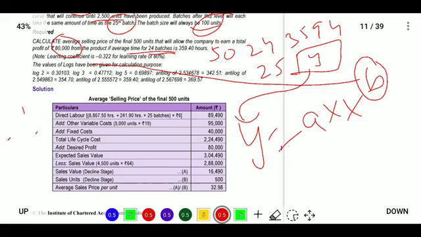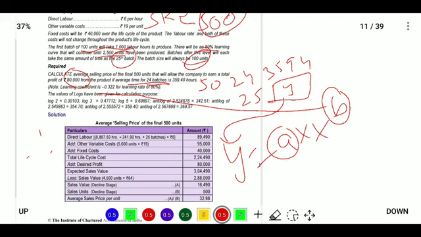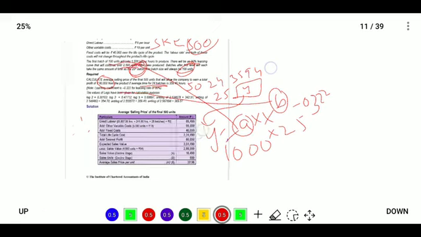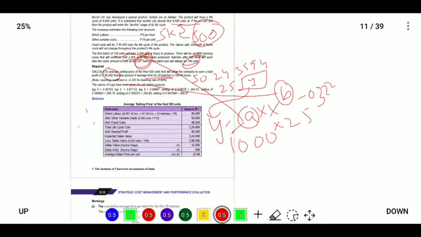For a, a will be the number of hours, and we have 1000 hours. Next, x will be the batch number, which is the 25th batch. Now 25th batch to the power of minus 0.322. Then we will get the y value for the 25th batch.